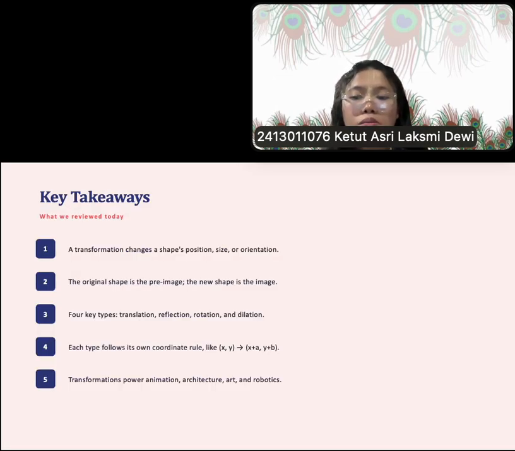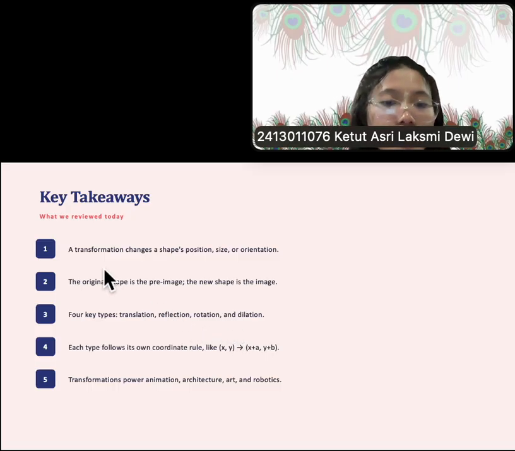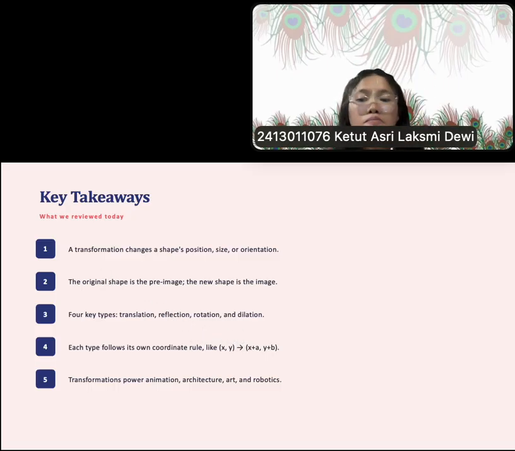And yeah, let's summarize what we have learned today. Number 1, a transformation changes a shape's position, size, or orientation. Number 2, the original shape is called the pre-image and the new shape is called the image. Number 3, there are 4 important types of transformation: translation, reflection, rotation, and dilation.